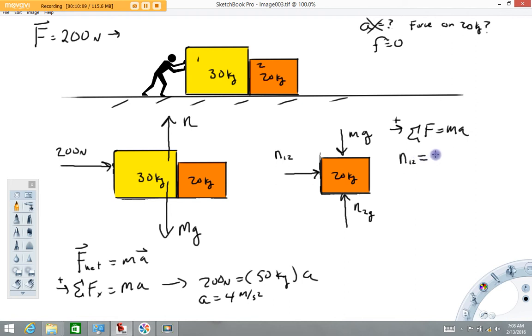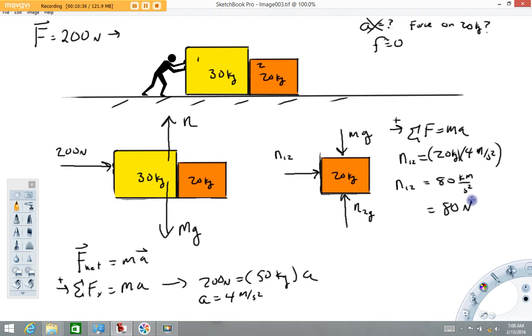So that's going to equal m, 20 kilograms, times the a, the acceleration, which we know to be 4 meters per second squared already. So the normal between 1 and 2 is going to come out to be 80 kilogram meter over second squared. And a kilogram meter over second squared is a newton, so that's going to equal 80 newtons. There's the normal between them, folks.